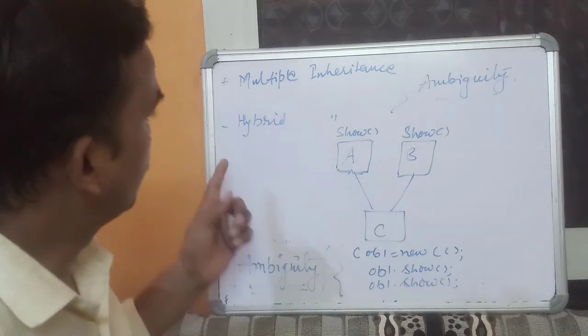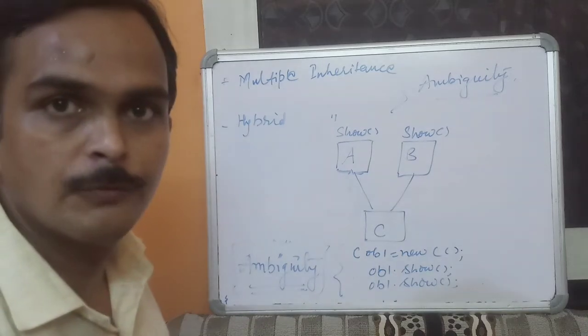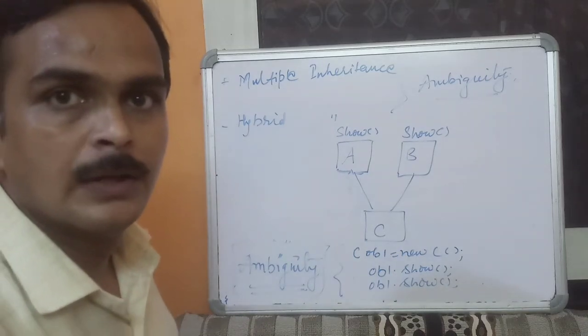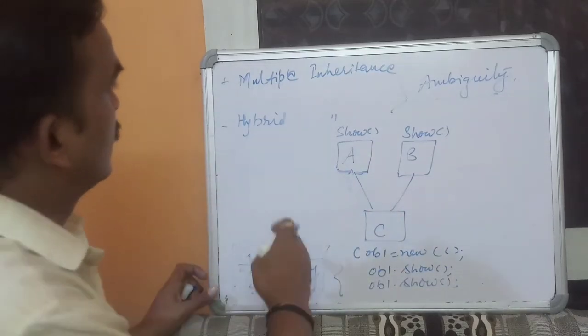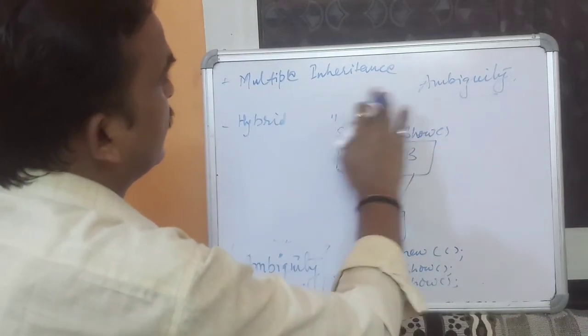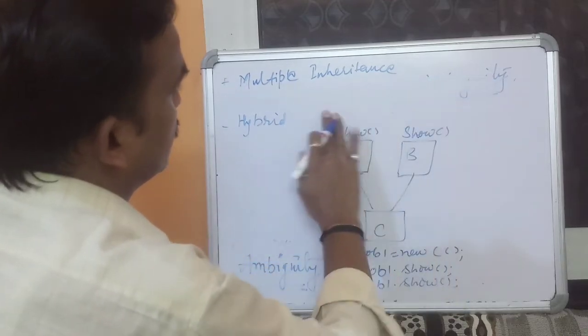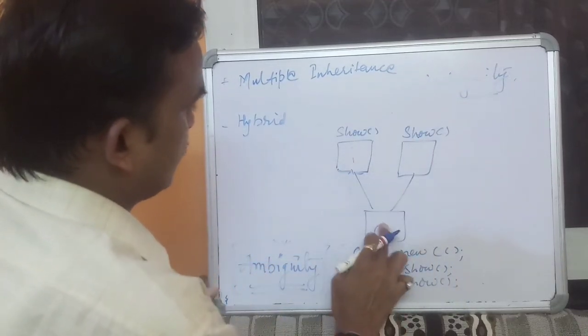If we talk about hybrid inheritance, it is basically a combination of one or more types of inheritance. If we combine multiple inheritance, suppose we have a structure like this.